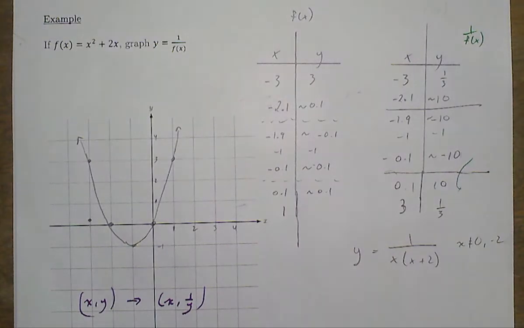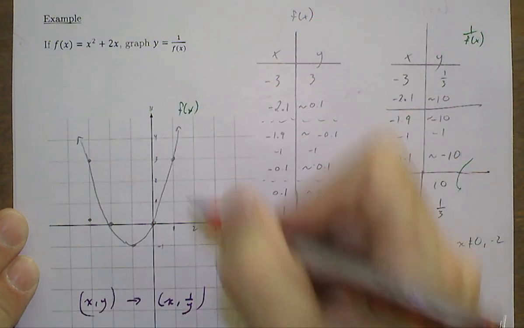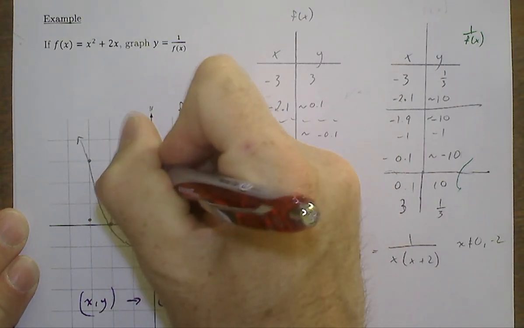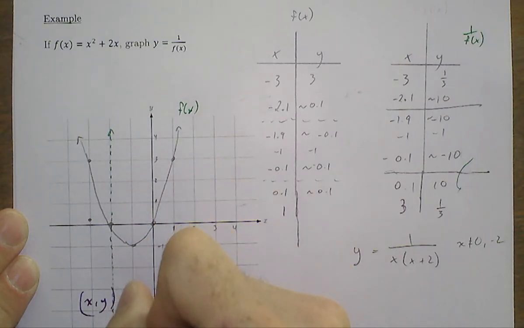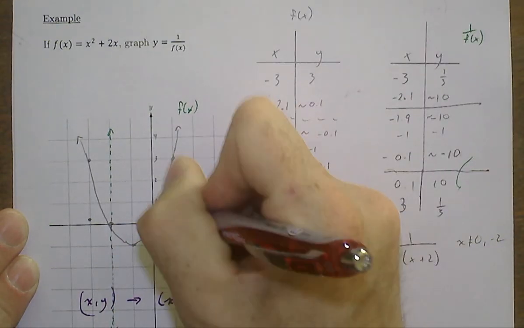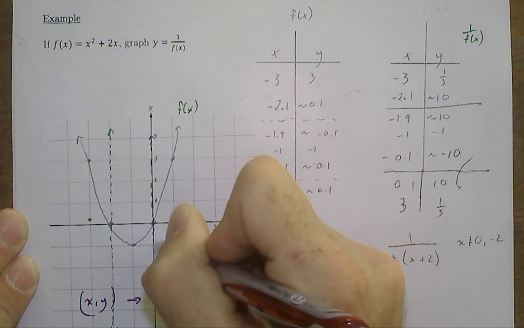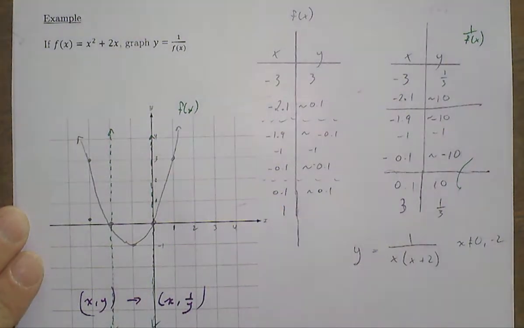I've done one point, but let's get a great look at this graph. I know that whenever my function f of x, this parabola, has an x-intercept or a zero, that turns into a vertical asymptote. I know I have a vertical asymptote here, and I notice I also have a vertical asymptote along the y-axis, because it is also a zero of the function, an x-intercept.